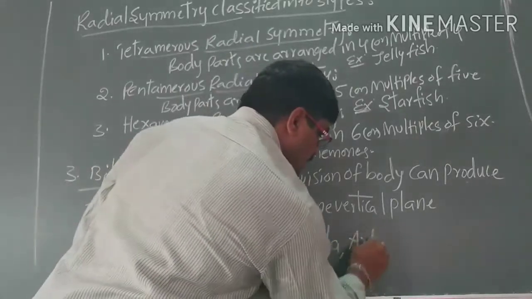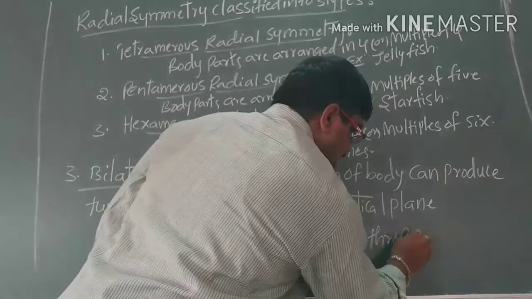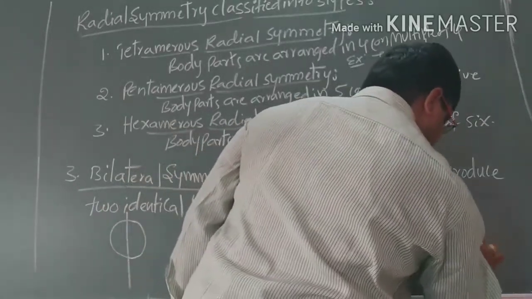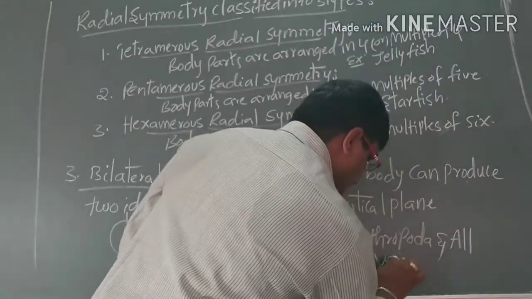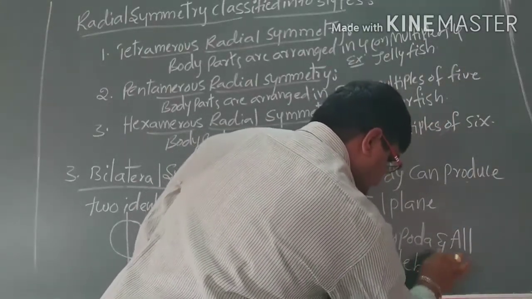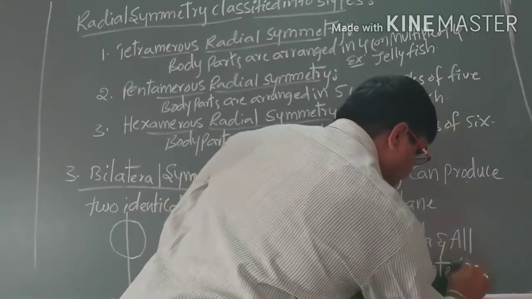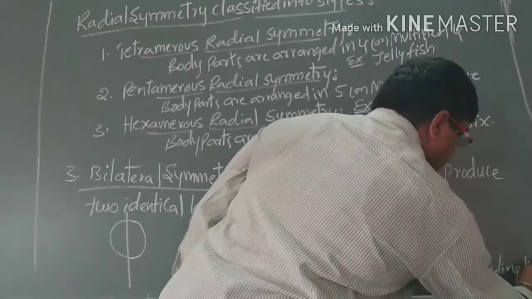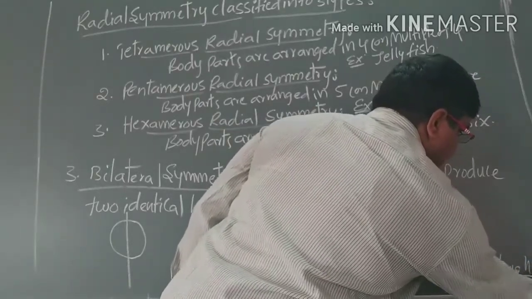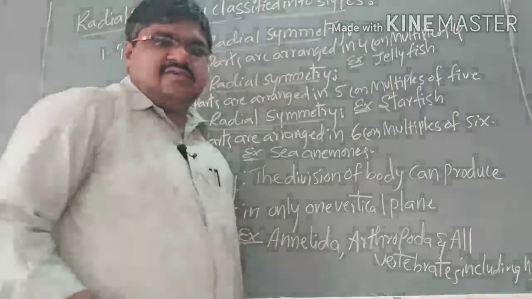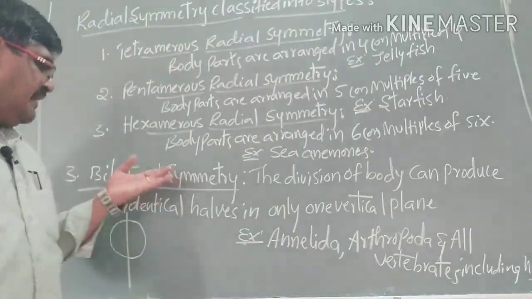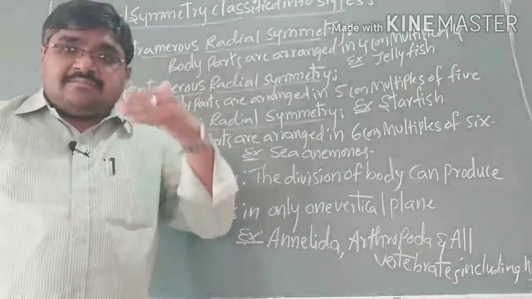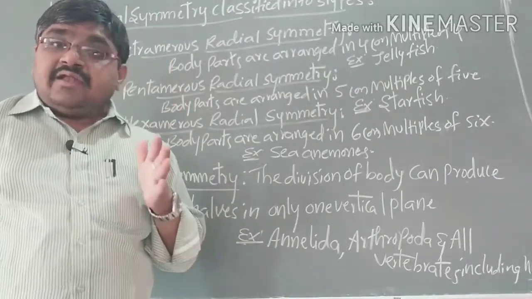Arthropoda, and all vertebrates, including humans also. So here these are the various examples of bilateral symmetry. That means in radial symmetry, in any vertical plane if we cut, we are getting two identical halves.